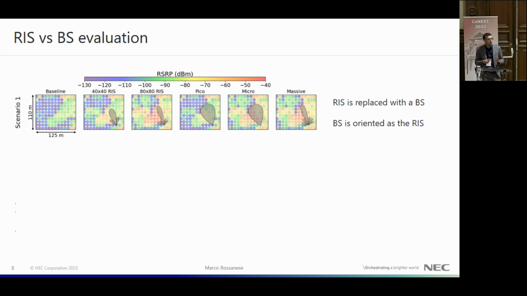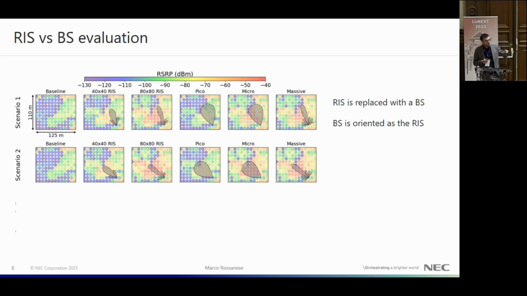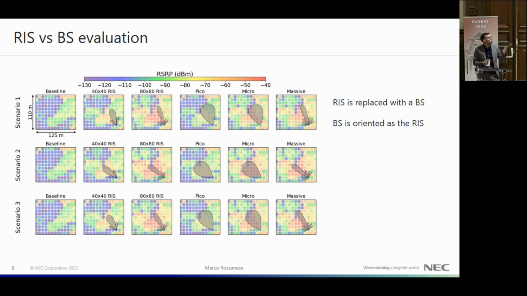All of them have the same orientation, pointing to the same point. And this is for the first scenario. In the same location, we steer the angle of the RIS and the base station to another direction, and in the same way for the third scenario. So we are evaluating for the same location 3 different orientations.